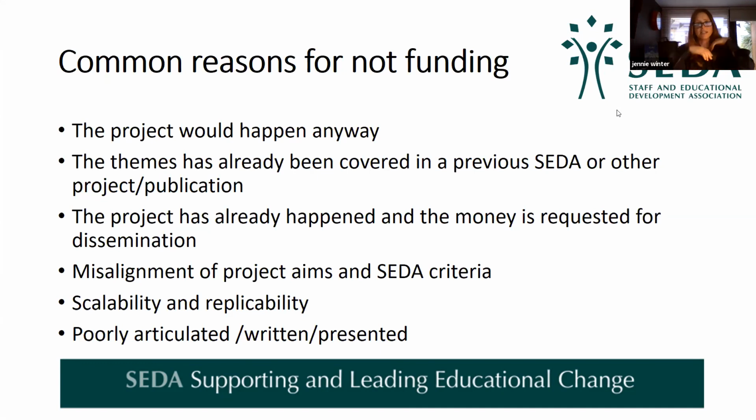That's the one that really is a shame when you come across it, because somebody 2 or 3 years ago has already been awarded something for something that's really similar, which is one of the reasons why we try to stress that it's important to go back through previous bids, and the details of them are all on the website, to make sure you're not doing the same thing. And if you're doing something similar, to acknowledge to us that you've seen what we've already funded and you're offering how you're building on top of that.